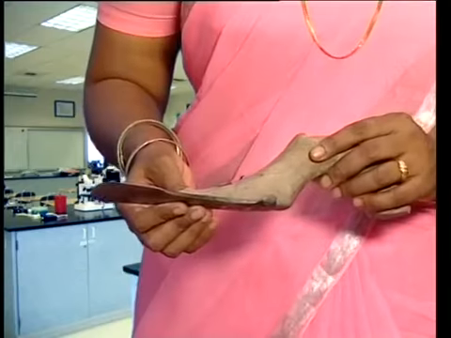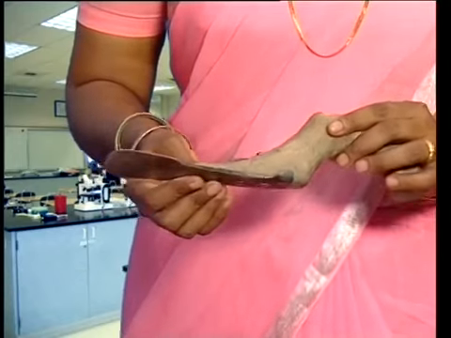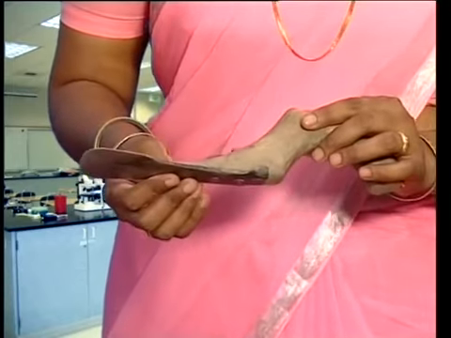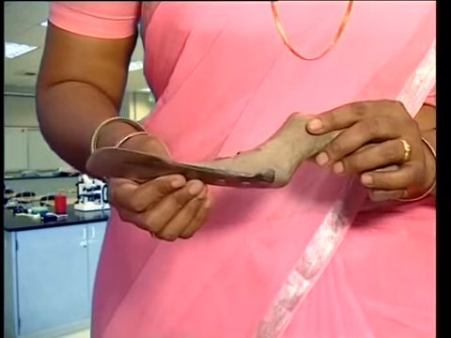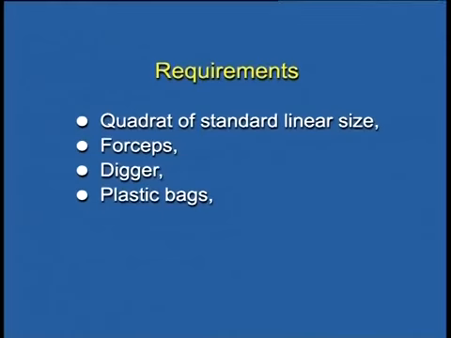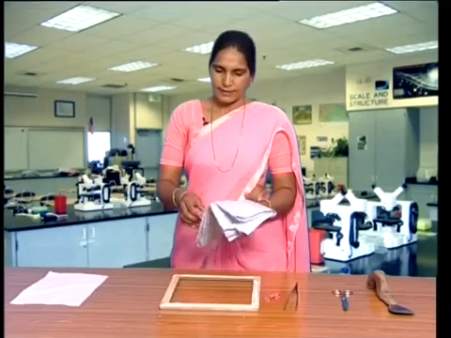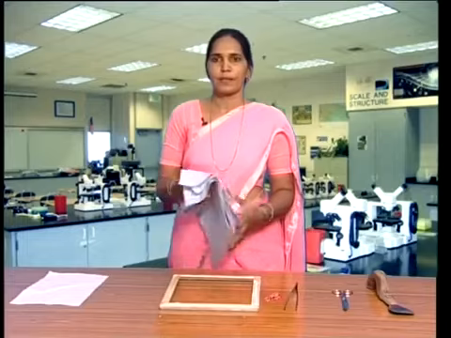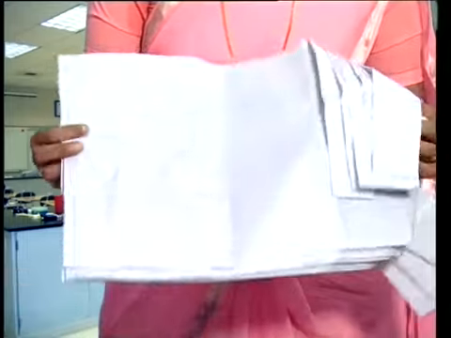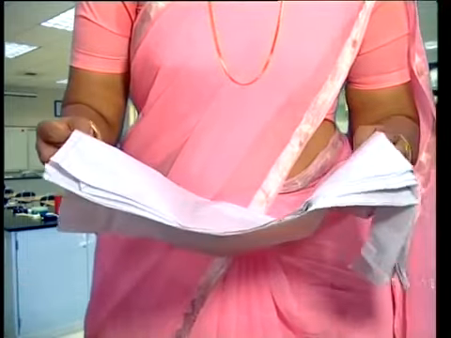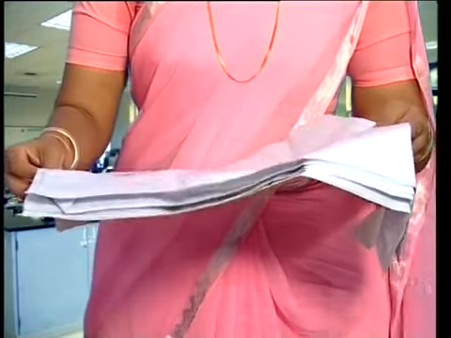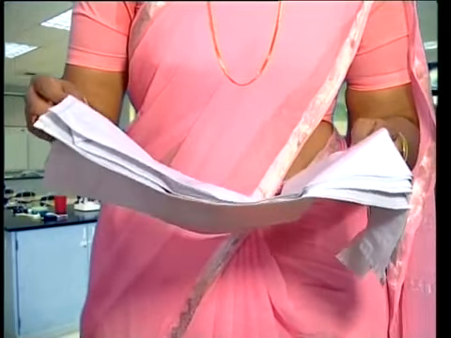This digger is used for digging out the plant species with the soil. The larger species which have deep roots are dug out with the help of this digger. Then plastic bags. These plastic bags are used for keeping the dug out plant species and to perform the calculations later on.